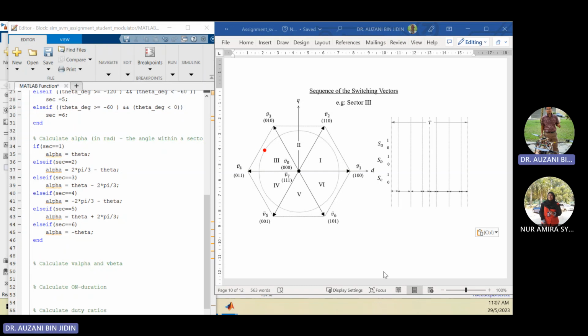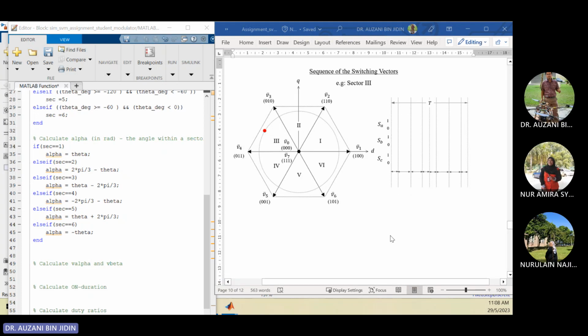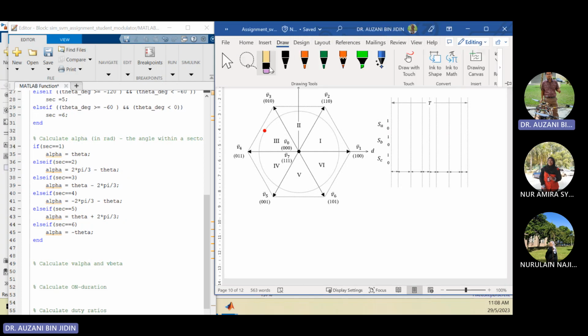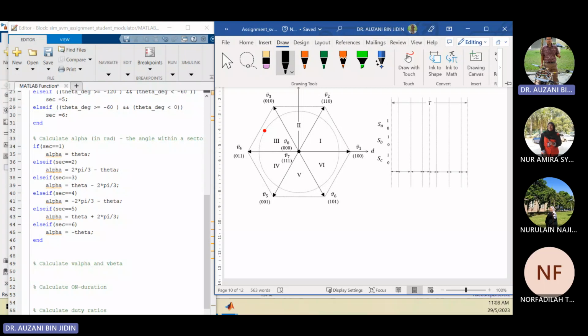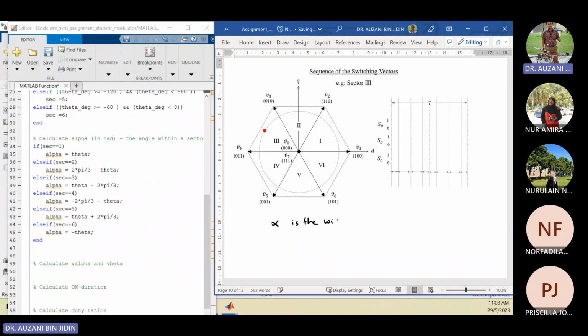Okay, so let's take a look back at the definition of alpha. Remember the definition of alpha: alpha is the angle within a sector.